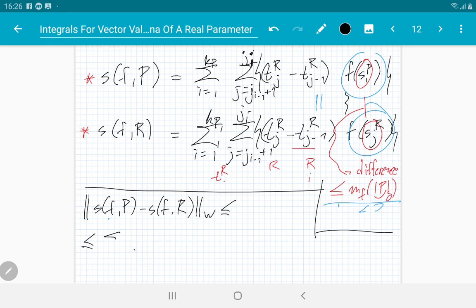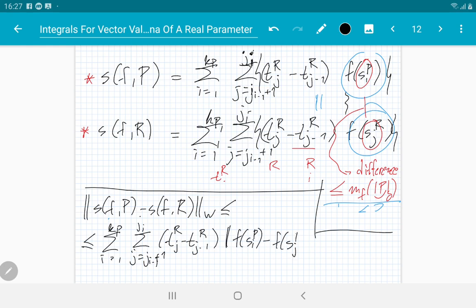Then I have these scalars, and the scalars come out, they're non-negative. And then I have the difference between f of s sub i p minus f of s sub j r, which, as we saw, is bounded by the modulus of continuity. So we can just bound everything by the modulus of continuity computed at size of P, times the sum of these points.